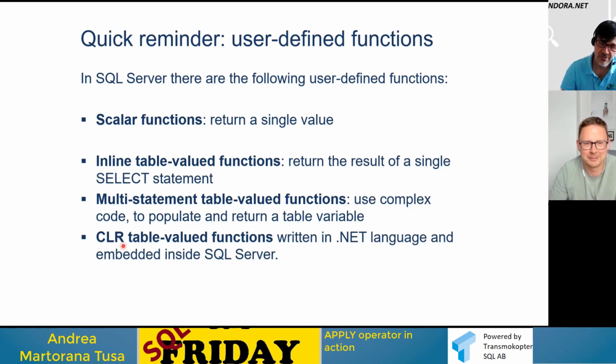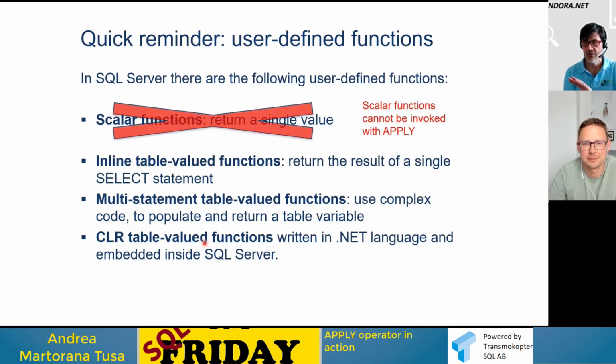And you also have CLR table-valued functions, common language runtime functions that are written in .NET, and you can embed them inside SQL Server by creating an assembly. I have an example for it, so don't worry, if any question comes, we can watch it.